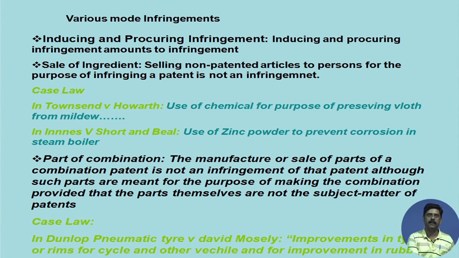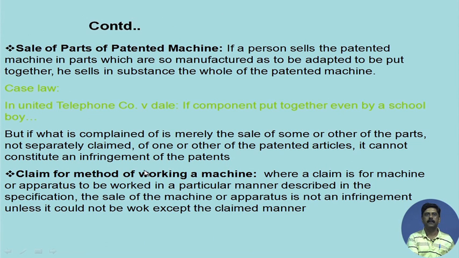Now I will analyze the various modes of infringement, inducing and procuring infringement, such as sale of an ingredient, part of a combination, or sale of part of a patented machine, somebody selling a part of a patented machine.